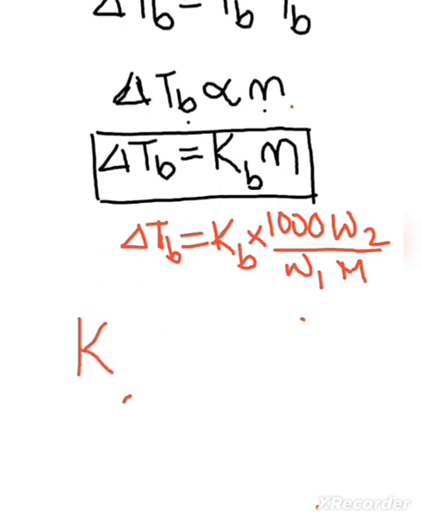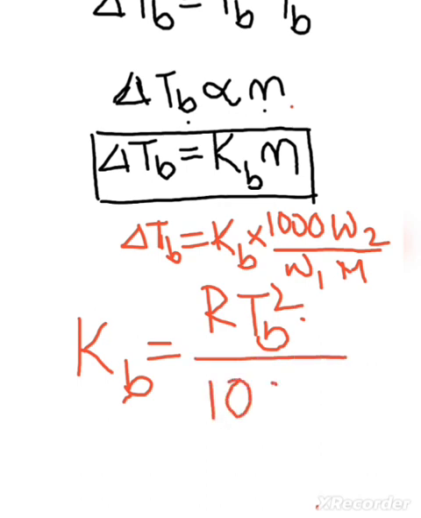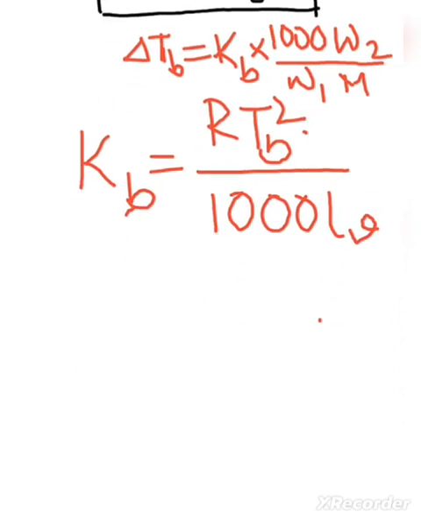KB equals RTB square by 1000 LV, where R is the universal gas constant, TB is the boiling temperature of the pure solvent, and LV is called the latent heat of vaporization of the pure solvent.